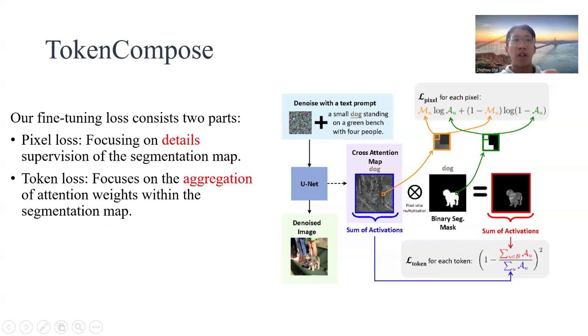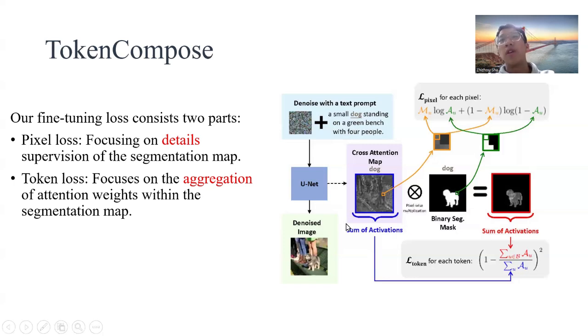Then we also have another loss term called token loss. The token loss focuses on the aggregation of the attention. It is a kind of energy-based loss. The first step of calculating the token loss is to multiply the ground truth segmentation map and the attention map together and get a map here. Then we calculate the summation of the truncated attention map.